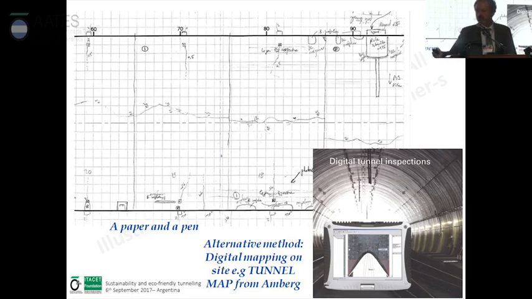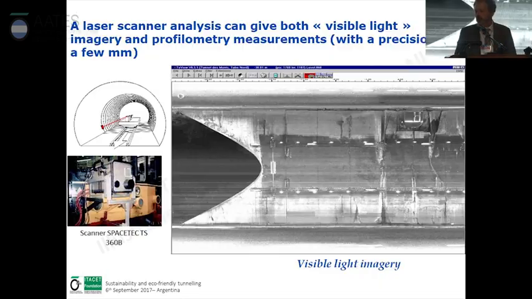It could be on a paper, a simple paper. It could be made on a digital mapping of the tunnel. I'll give an example. But it's to keep an idea of the state of the tunnel at a given time. So next time, I will be able to compare if there is an evolution or not.